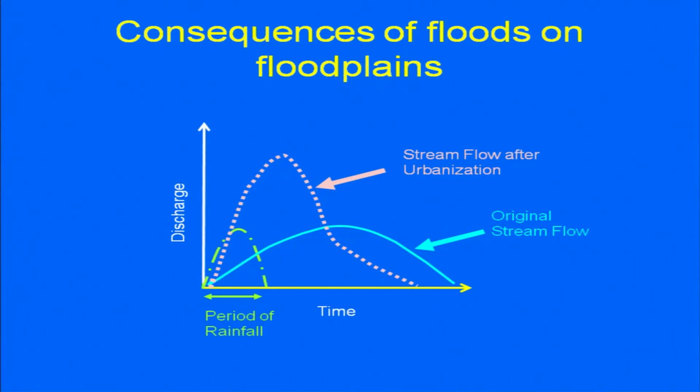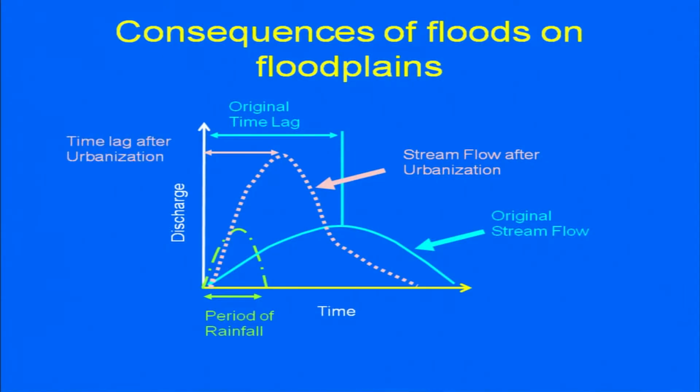What it explains is that before urbanization, this was the time lag of the channel to come into the flooding state, but after urbanization, the time lag is very short, and the discharge has also increased.